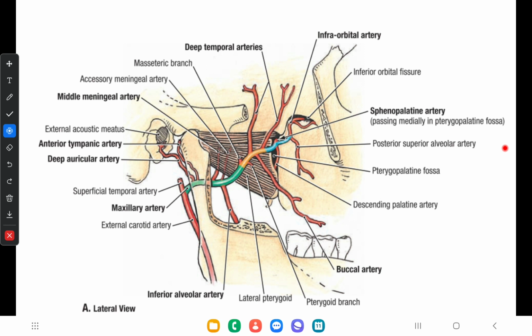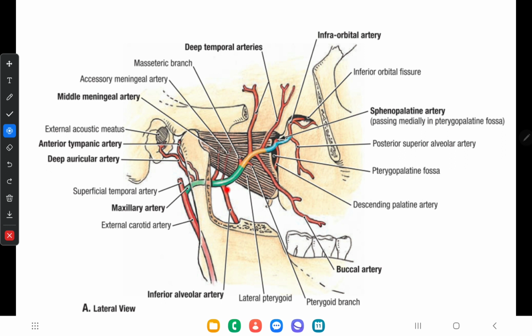You can see the deep auricular artery, then the anterior tympanic artery, then the middle meningeal artery, the accessory meningeal artery and the inferior alveolar artery. Those are the 5 branches of the first part.